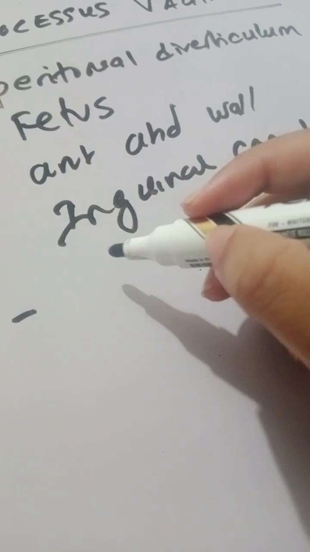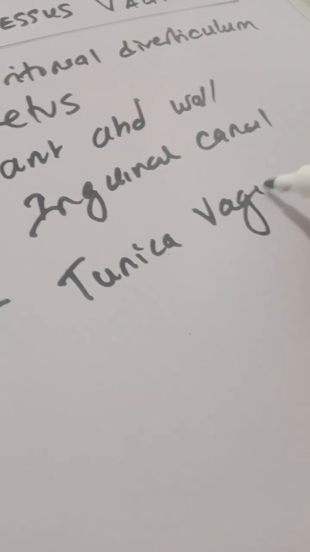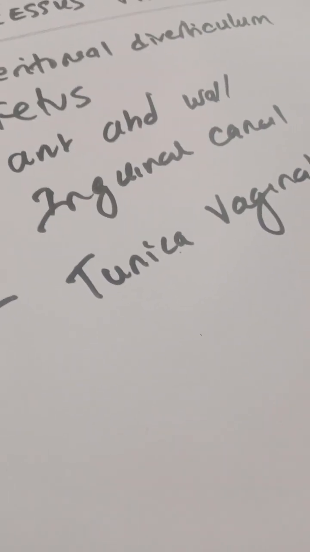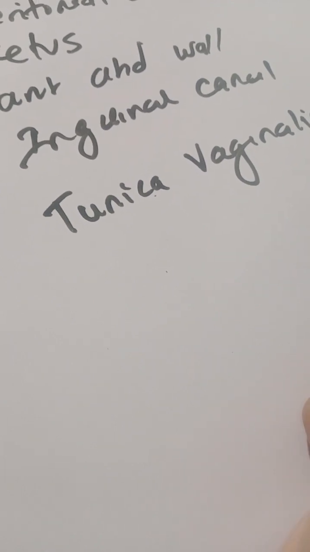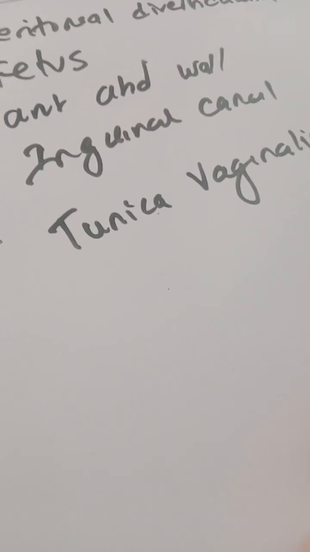The tunica vaginalis is the lower expanded part of the processus vaginalis. Normally, just before birth, the cavity of the tunica vaginalis becomes shut off from the upper part of the processus and the peritoneal cavity.